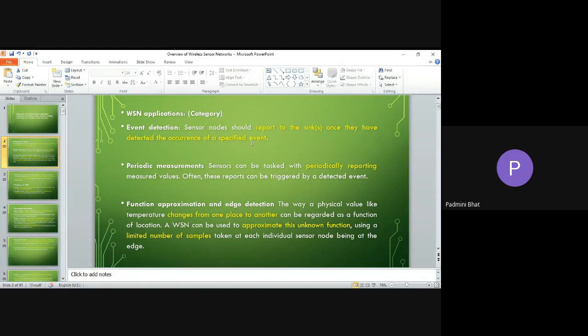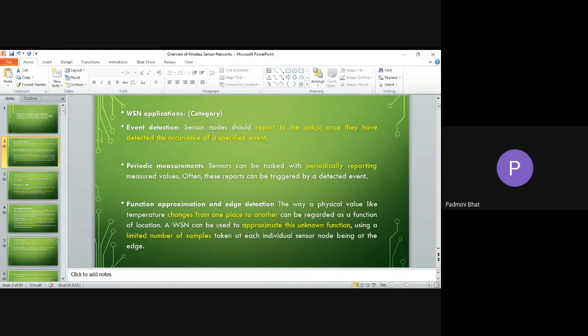If you have put any sensor nodes, for which purpose you have put the node, when the event occurs, then the information has to be reported to the sink, the entity on the other end.